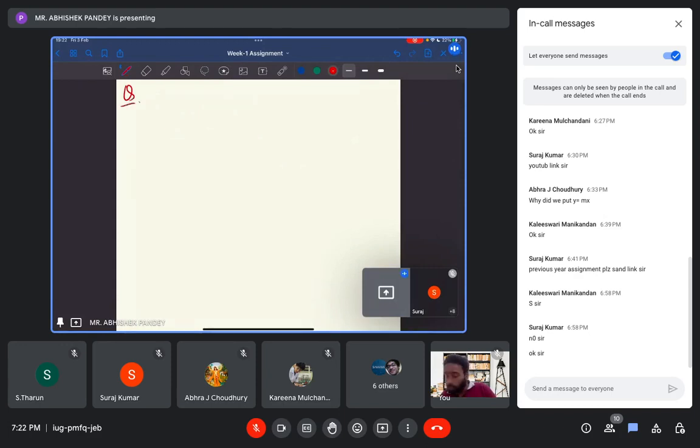Let us see the next question. So this is v of x comma y is equals to cos inverse of x minus y. So where is cos inverse defined? What is the domain of cos inverse x?